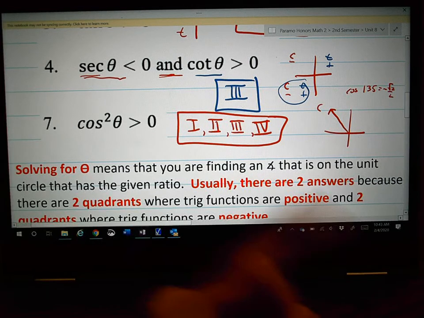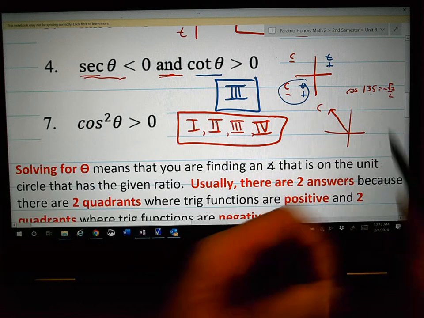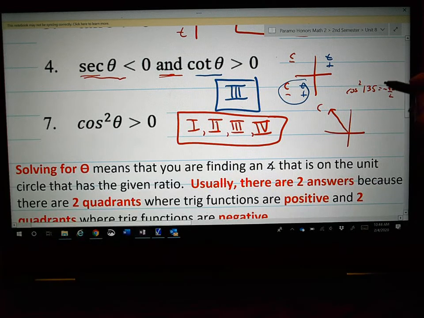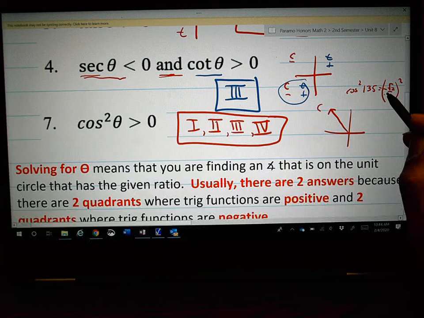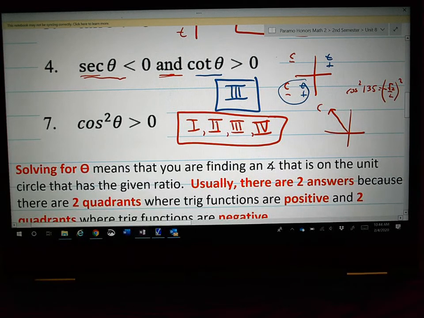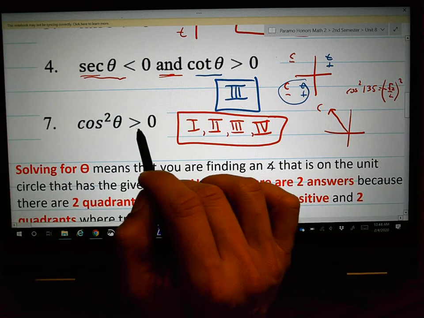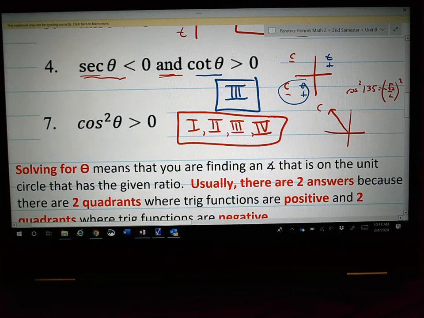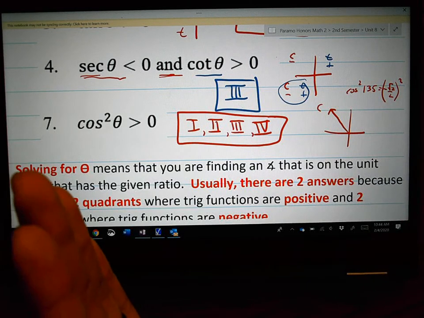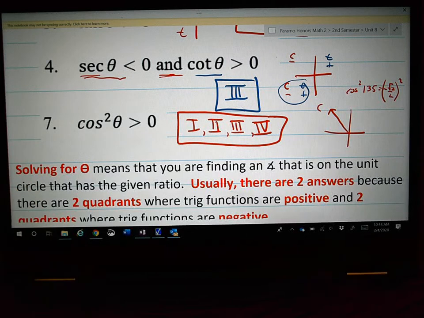If you think about taking that cosine of an angle and then you squared it, what you end up having is a negative times a negative. What is a negative times a negative? Is that going to be greater than 0? So it doesn't matter whether you end up having a negative ratio for cosine or a positive.